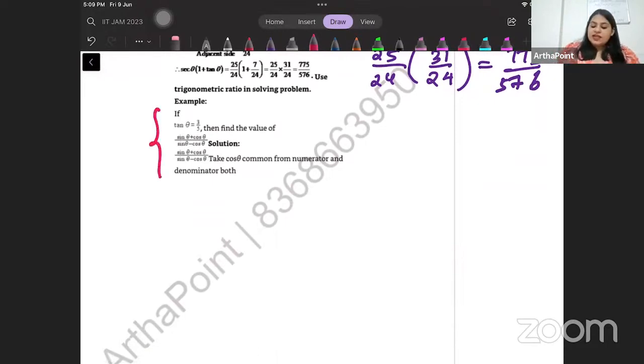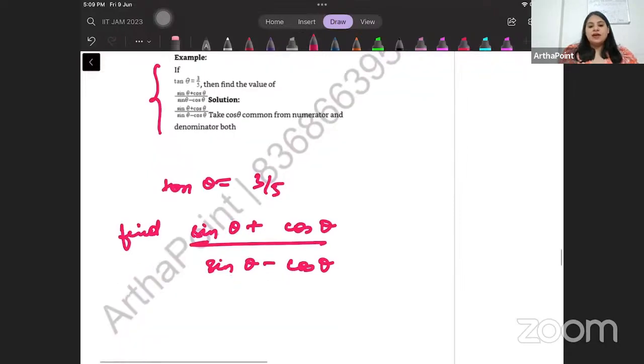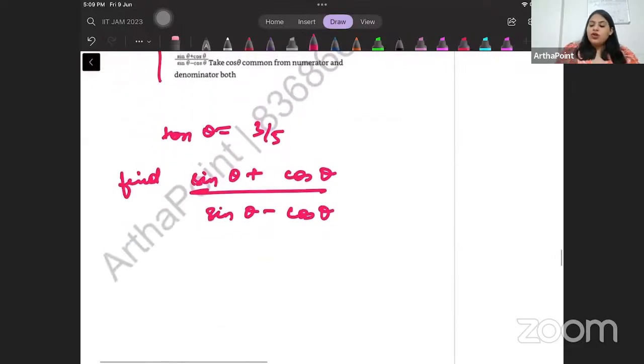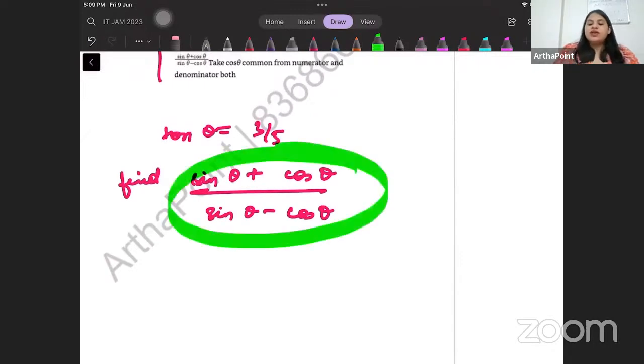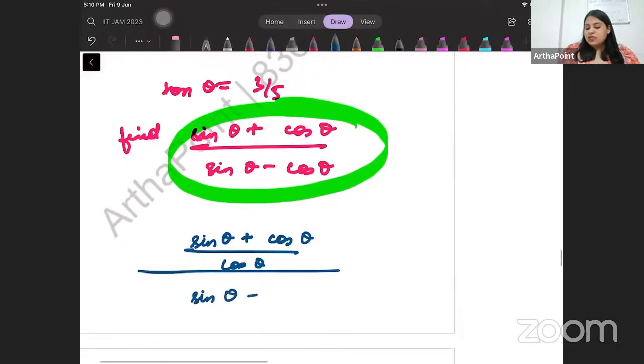It says tan theta is 3 by 5. Find sine theta plus cos theta upon sine theta minus cos theta. This is what we have to find out. So beta, tan theta is given as 3 by 5. What you can do is both numerator and denominator you can divide by cos theta. So sine theta plus cos theta by cos theta upon sine theta minus cos theta by cos theta.